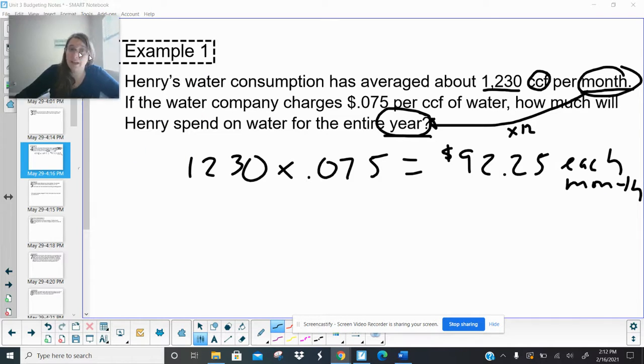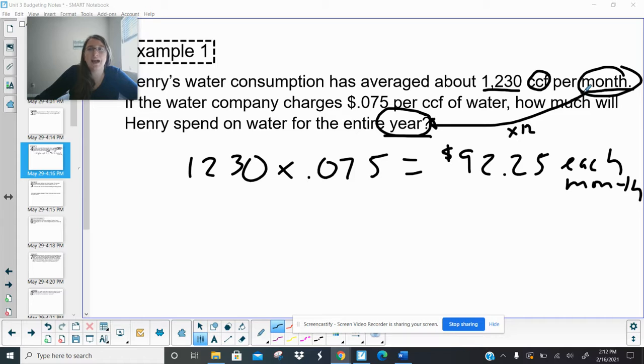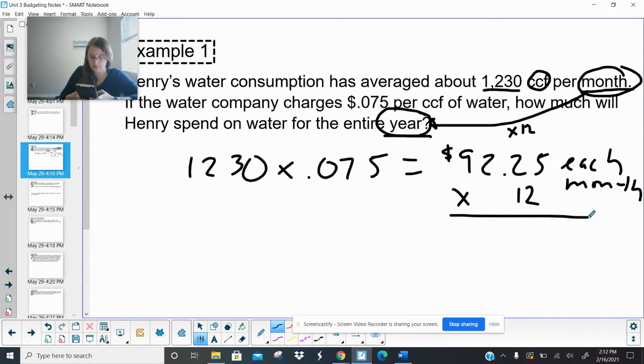But again, we have to be careful. This question says, how much will he spend for the entire year then? So we already made our notes to ourselves. Go ahead and take this month and see how much that would cost in a year then. Well, we should multiply by 12. You would spend that much each month times 12. You get 1107.